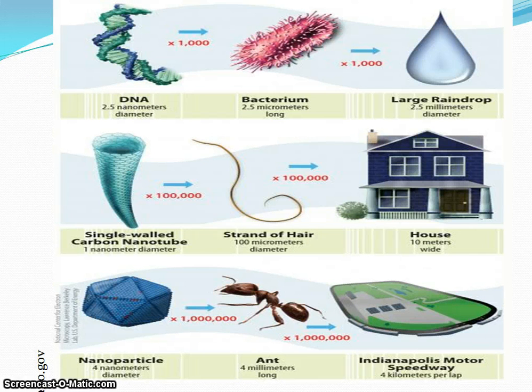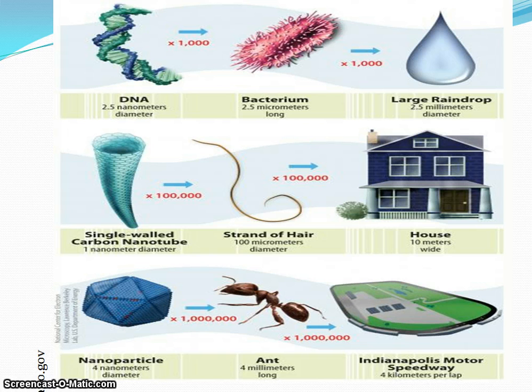Okay, so we'll start off with the DNA. You're never going to be able to see this with the naked eye because it's about 1,000 times smaller than a bacteria, which is roughly the smallest thing you can see on an electric microscope, which is the microscope normal colleges will have. We'll definitely be able to see the large raindrop, which is about 1,000 times larger than that.